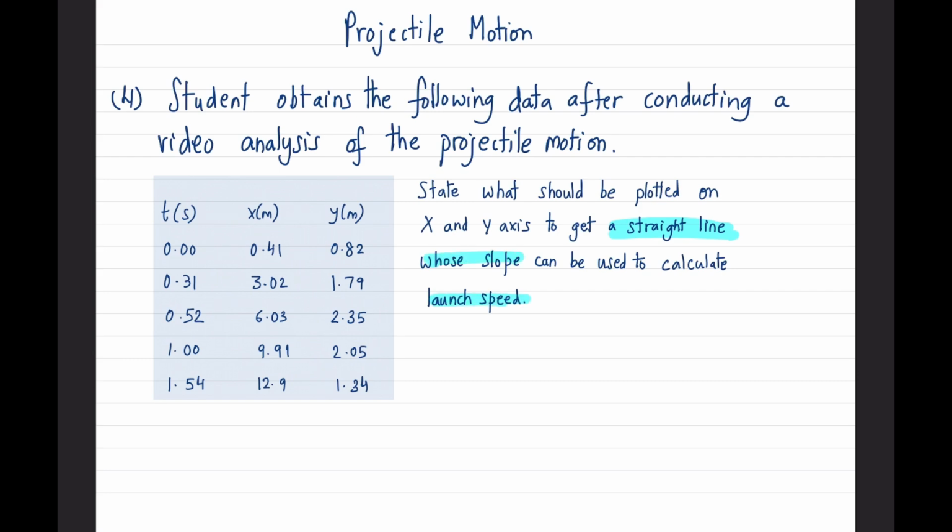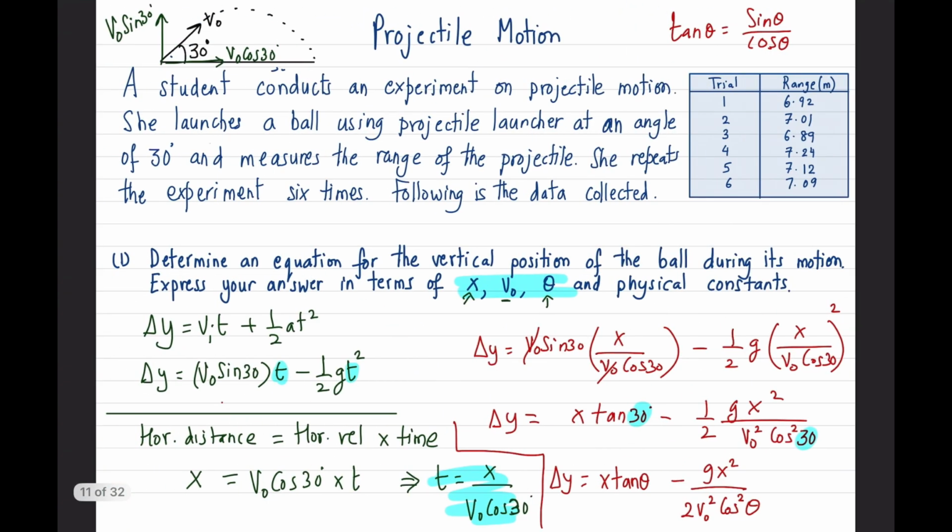So now we have two equations which we got from the first part. If you go back to the first part, you can see that we had this equation, x equal v0 cosine 30 multiplied by time, as well as the equation which we actually derived. I'm going to use this equation because that's the easier one to plot.